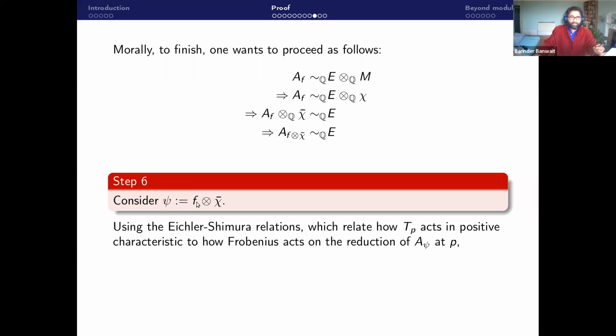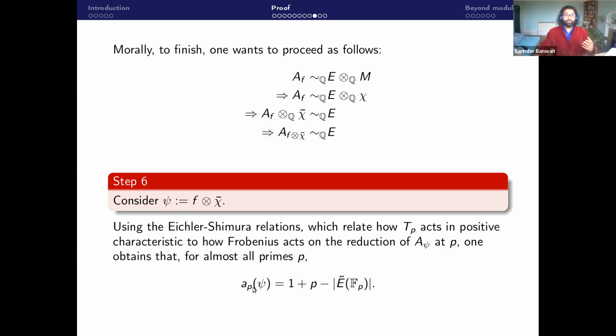So we twist f by chi bar, we get psi, and so this is a newform, and one gets the abelian variety associated to this, and we apply Eichler-Shimura to this, which relates T_p to the Frobenius action. Now T_p acts via the p-th Fourier coefficient, so a_p of psi, and Frobenius on the reduction looks like 1 plus p minus the number of points on the reduction.